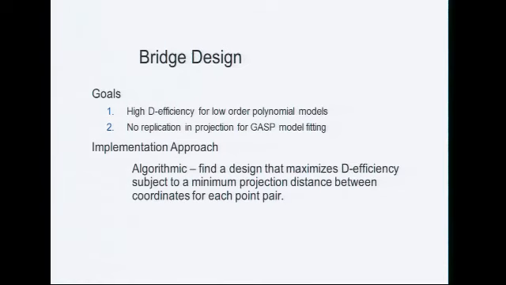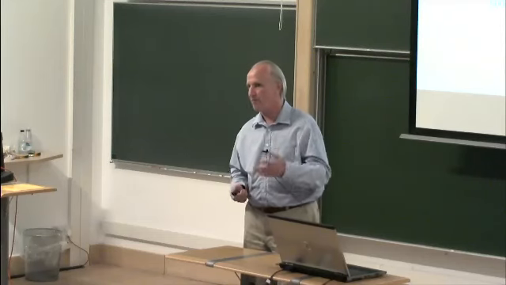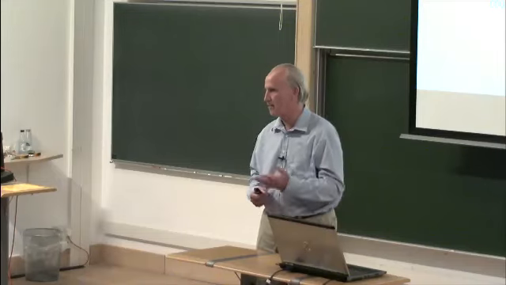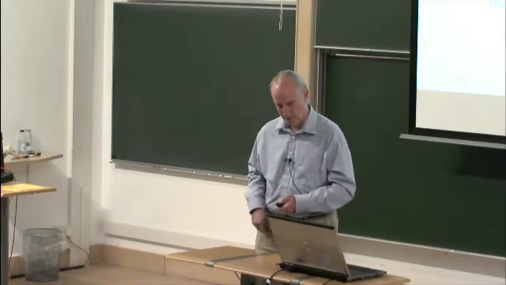You could use any kind of variance measure, and at the same time, there's no replication in projections to one-dimensional axes, so that you can do Gaussian process model fitting even if there are a substantial number of factors that don't have any effect.